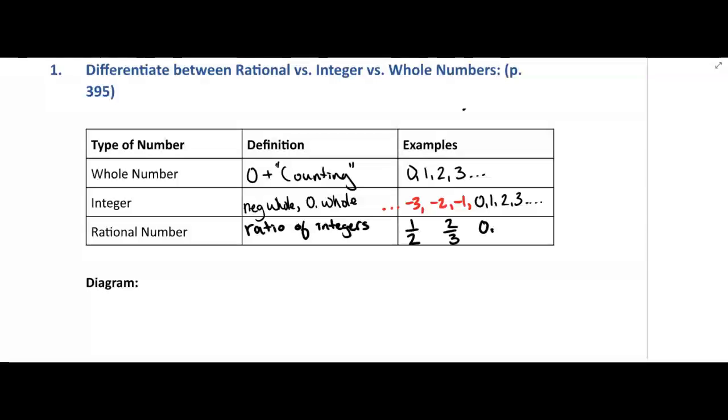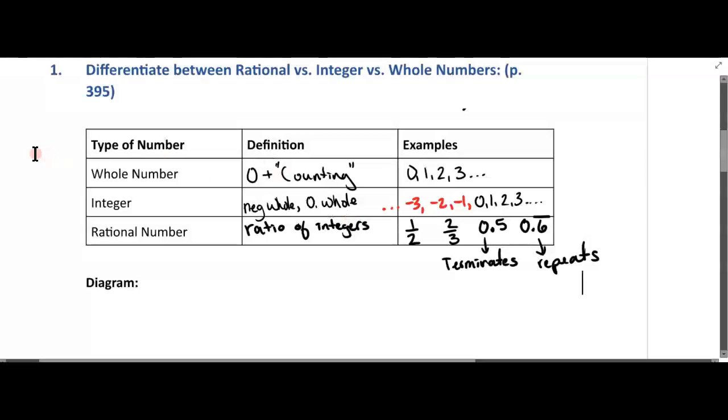So 1/2 would be 0.5, 2/3 is 0.6 repeating. Rational numbers will have a decimal equivalent that either terminates or repeats. If it doesn't terminate or repeat, it's not a rational number. We'll look at those separately.